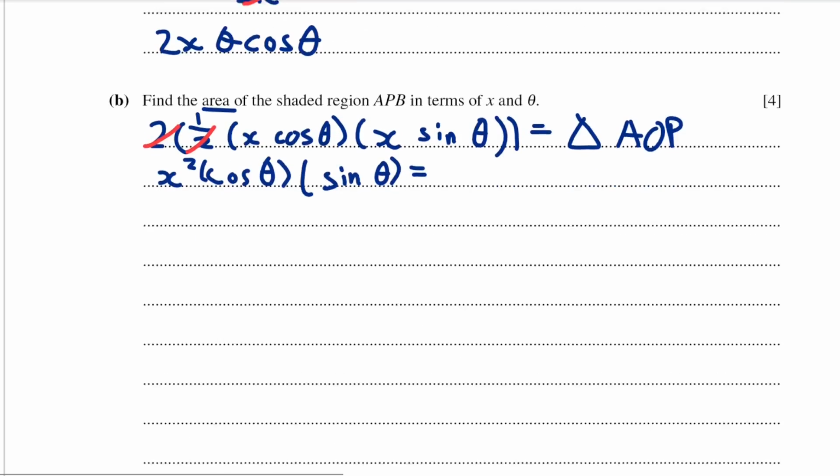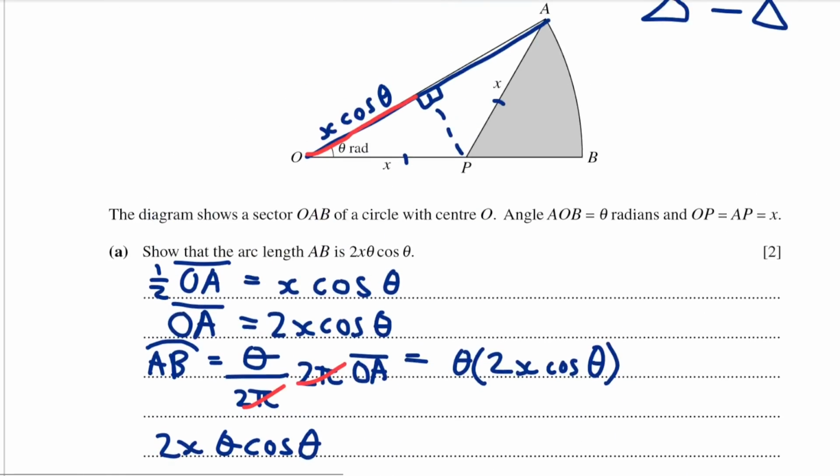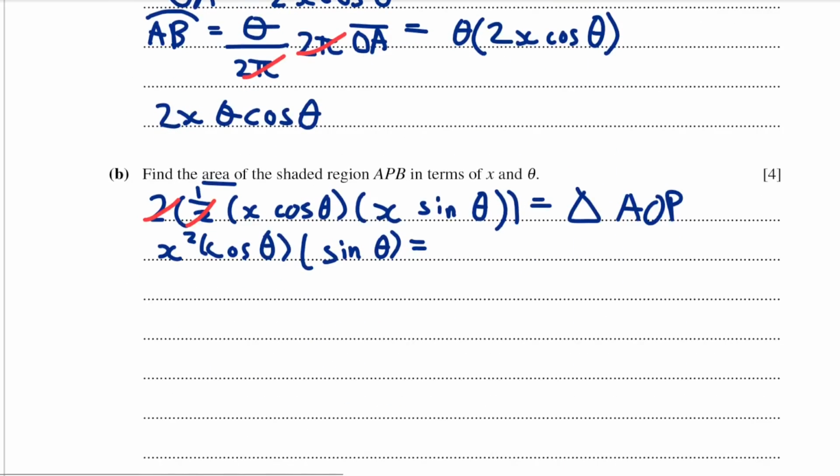Then we can solve for the sector AOB. Sector AOB will equal theta over 2 pi, radians in a circle, times the area of a circle formula, which is pi r squared.